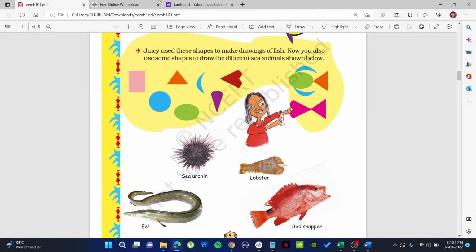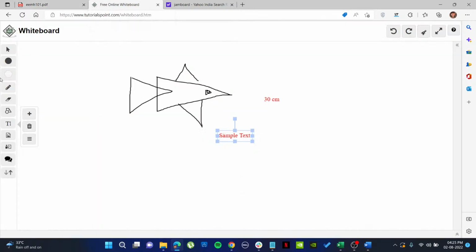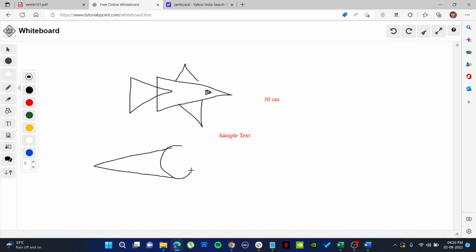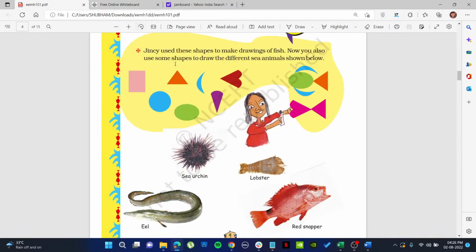Let's draw it here. So here we have used a triangle. This is our triangle, and here we have used a circle. So this shape is representing a triangle, and this shape is representing a circle.